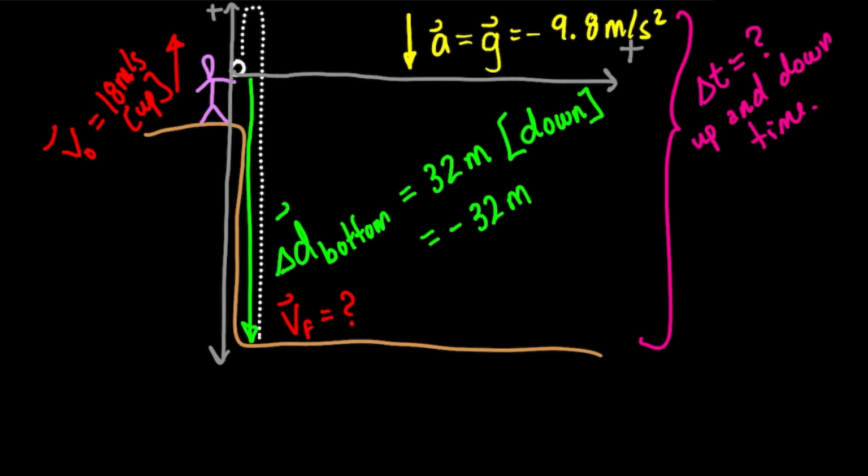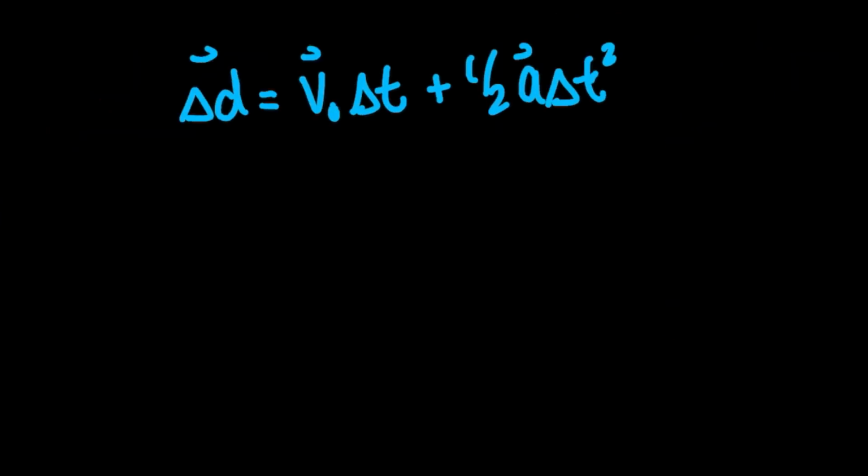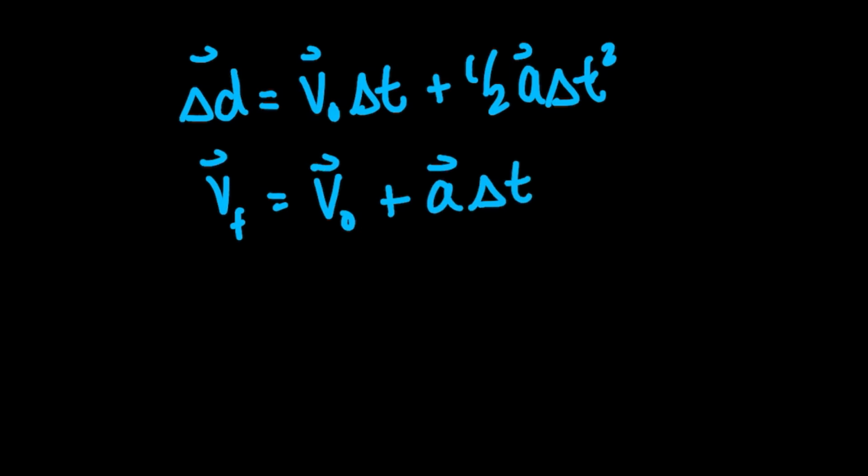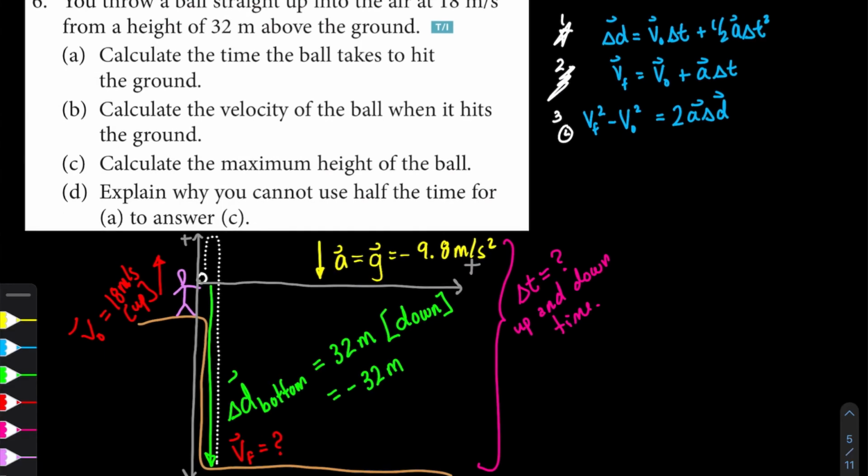And now let's write down our three main equations of motion, which will help us to filter out which we're going to need to use to answer part A. In this case, we are interested in the time, so that means that we're looking at either equation 1 or 2.